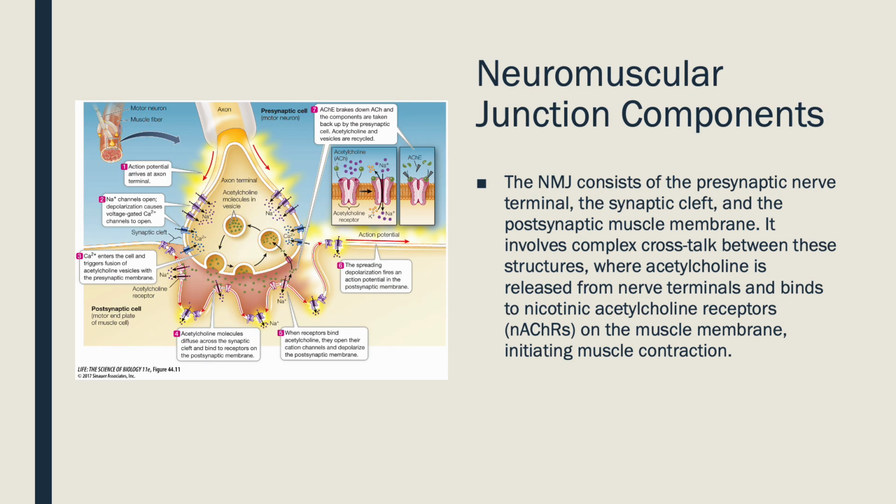Now, the neuromuscular junction is composed of the presynaptic motor neuron terminal, then the synaptic cleft, and then the postsynaptic muscle membrane.